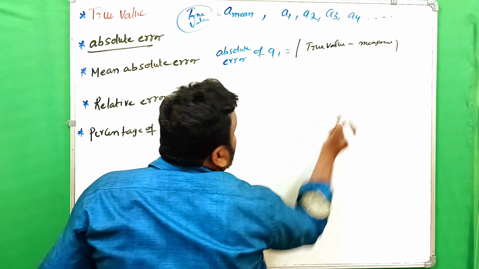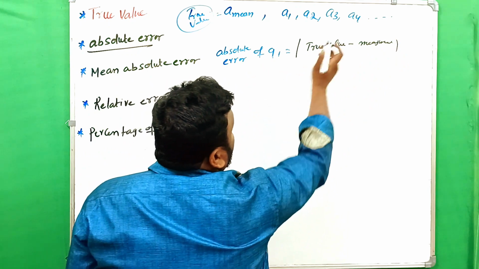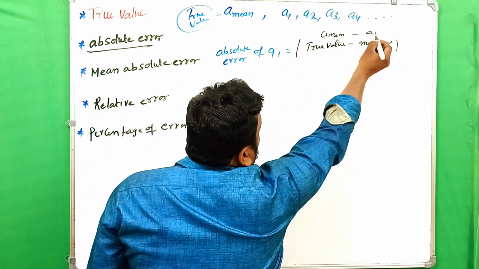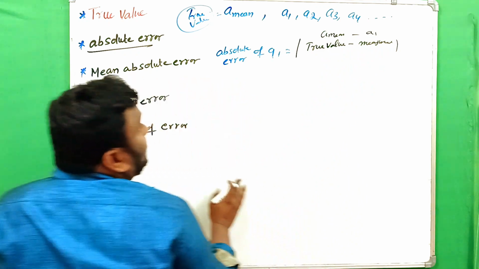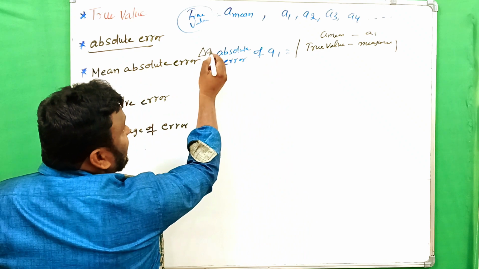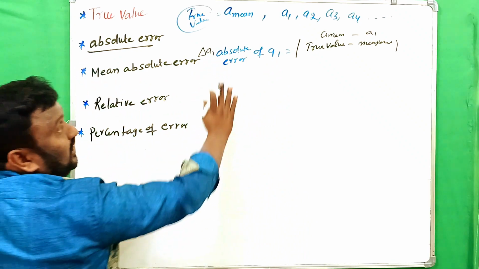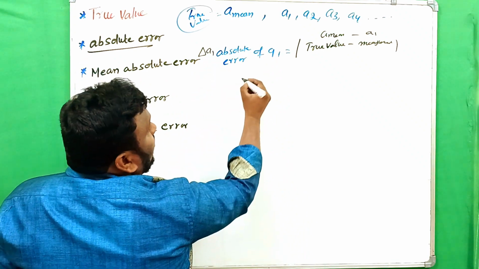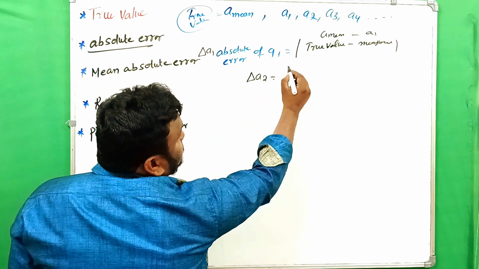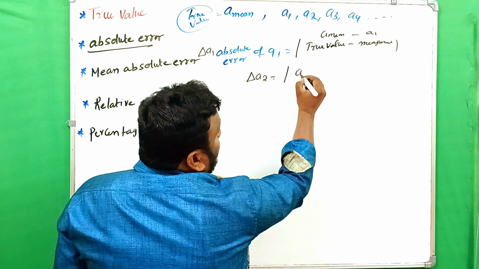This is the formula. Here the true value is A mean, so it is mod of A mean minus A1. That is the absolute error of A1, and it is written as delta A1. What is delta A1? The absolute error of A1.